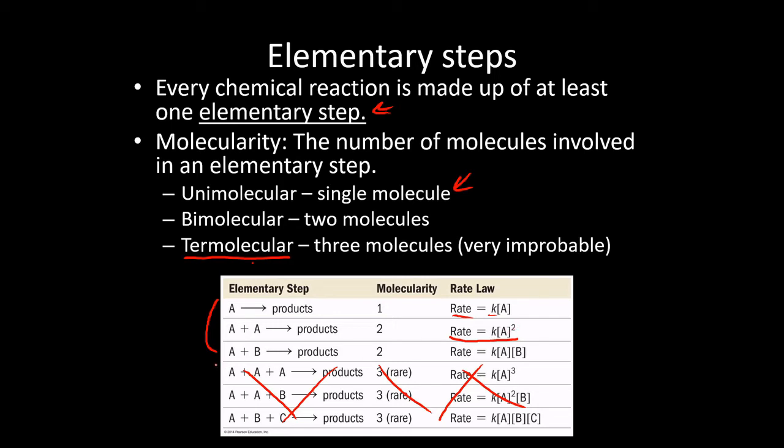And if you have another bimolecular, but it's two different molecules, then it's just K times A times B. So if you have just one step, and again, this is only true if the whole process occurs in one step. If you have a single elementary step process, you can in fact just take the reactants and plug them in to the rate law.